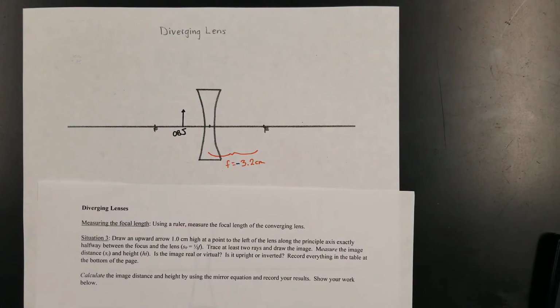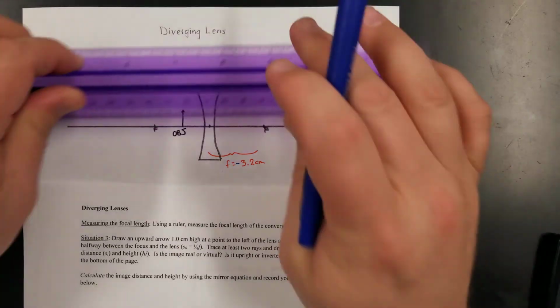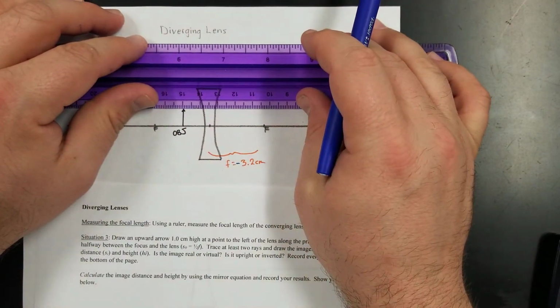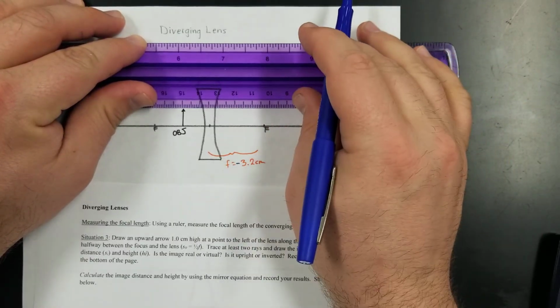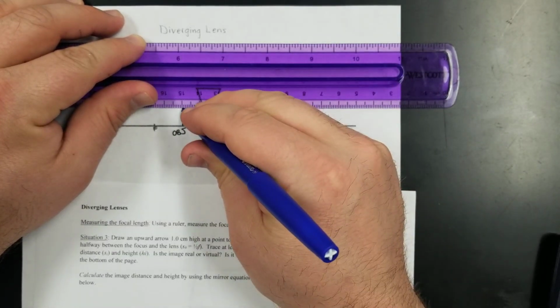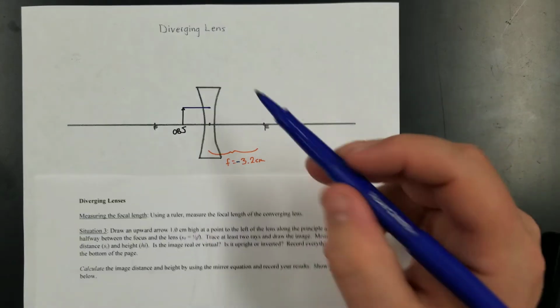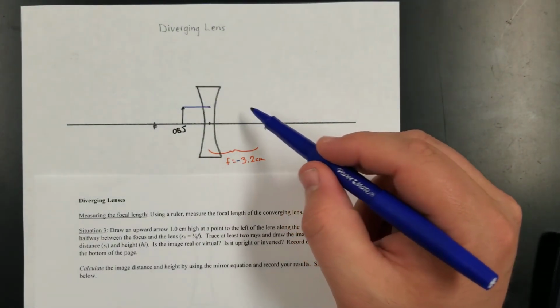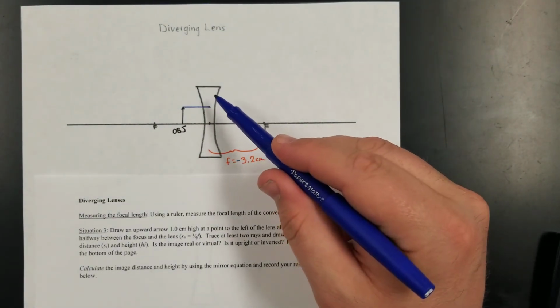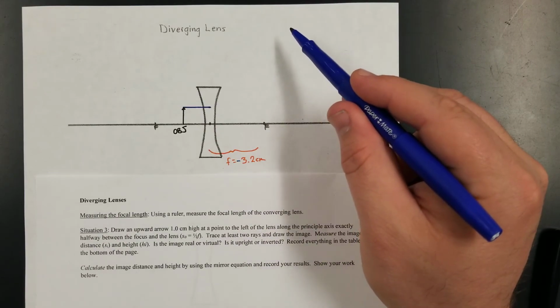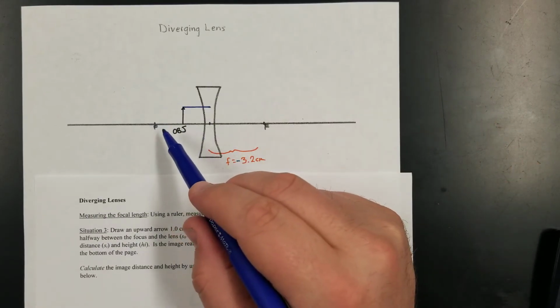Okay, we're going to start off drawing our rays the same way, with a ray that is parallel to the principal axis, top to the center of the lens. Now a diverging lens doesn't cause this ray to be refracted to this focus. It causes it to be refracted away, as if it came from this focus.